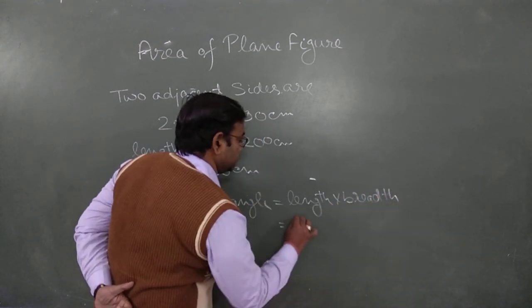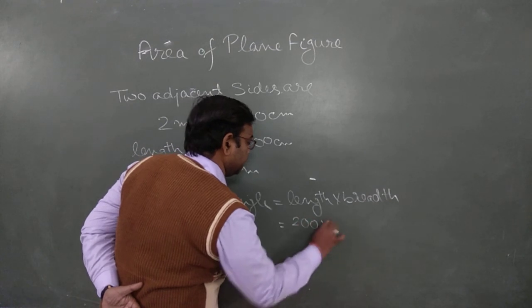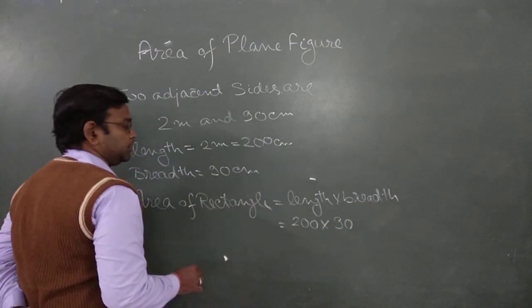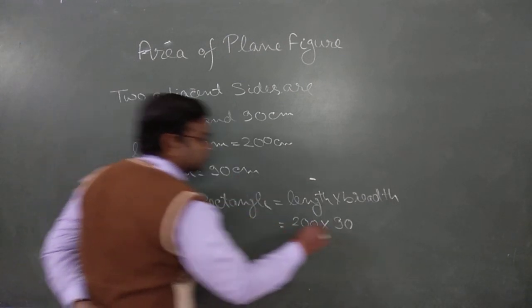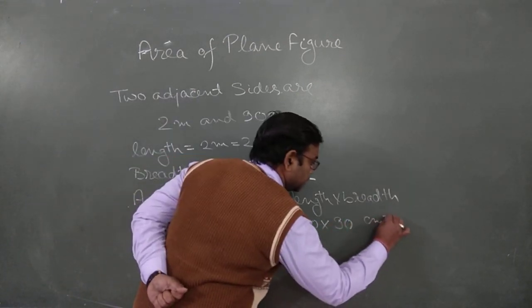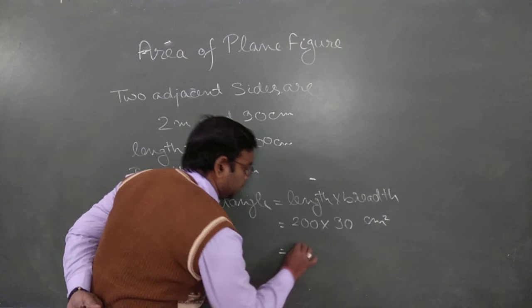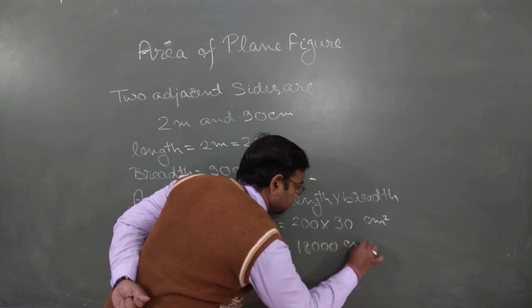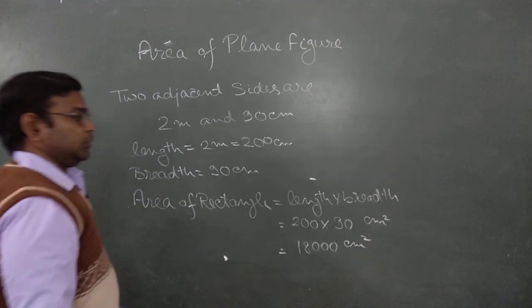Length is 200, breadth is 90 centimeter. So the unit is centimeter square. 18,000 centimeter square. Clear?